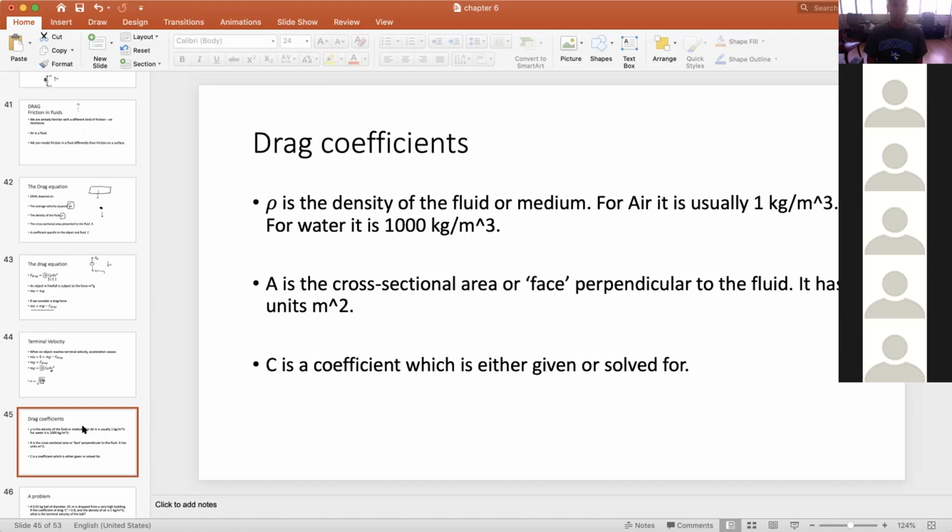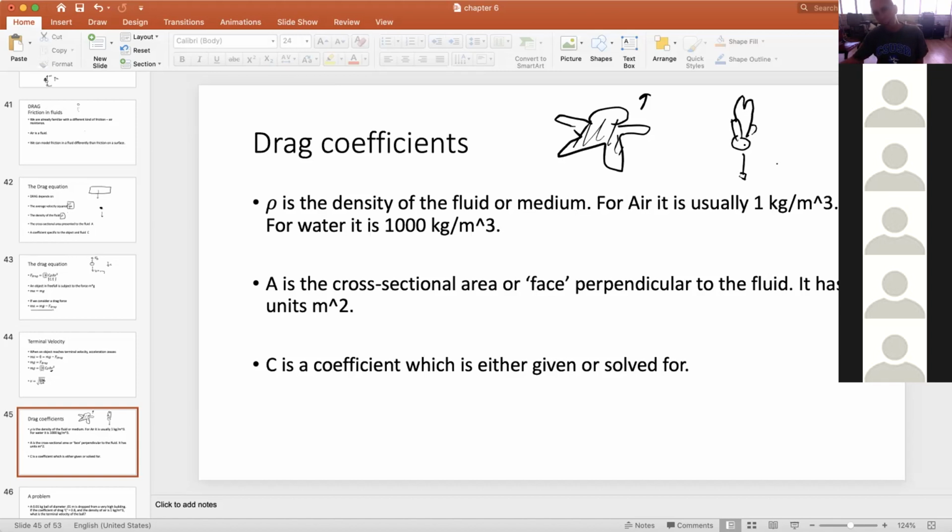A is the face. Now, if you imagine a skydiver spreading their legs out so that they can slow down, they have a much greater area than when they're head down, arms back, falling straight down.